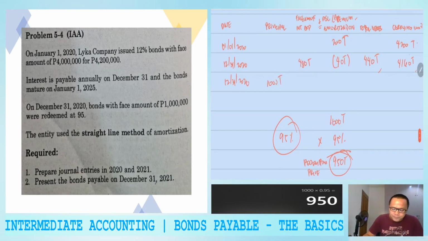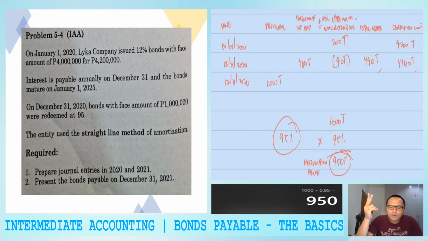So, with this ngayon, number one, we need to identify na how much of the remaining premium or discount applicable sa 1 million. That is number one. Di ba?